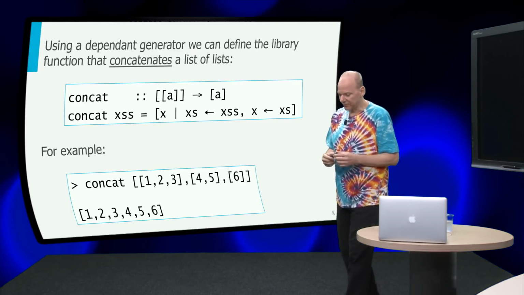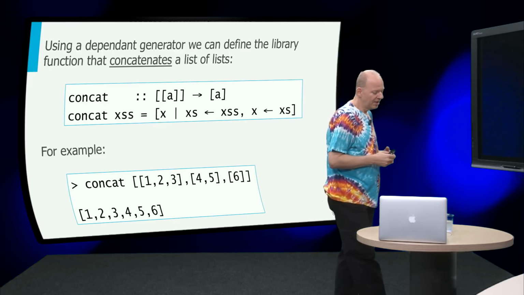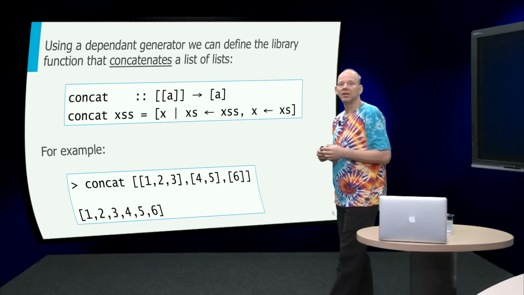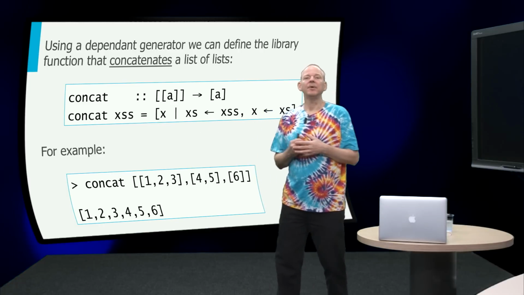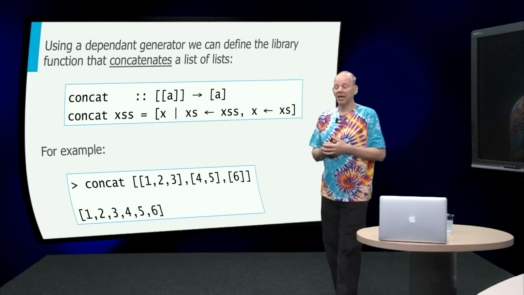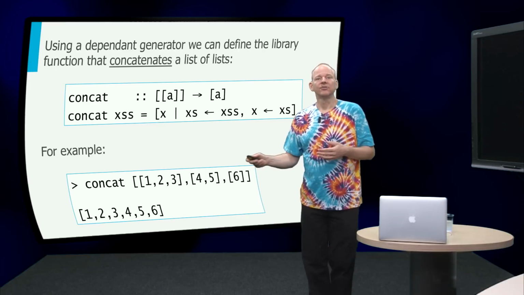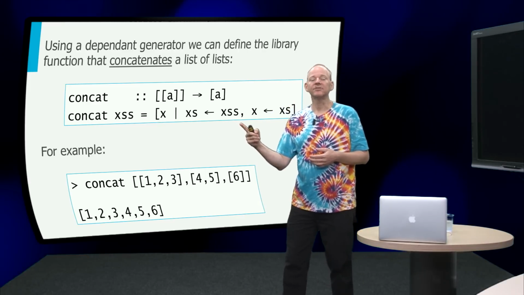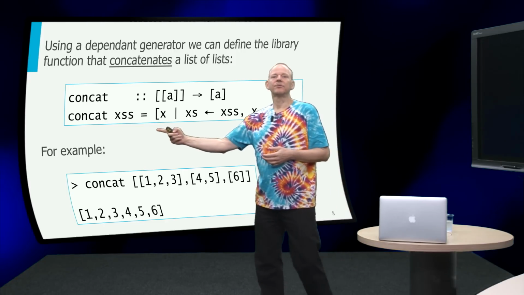One of the nice things of comprehensions, and especially of dependent generators, is that you can write very concise code. For example, if we want to take a list of lists and flatten them into a single list, we can do that with the following comprehension. We say, just give me every list out of that list of lists, and then just give me every element of that list and return that.